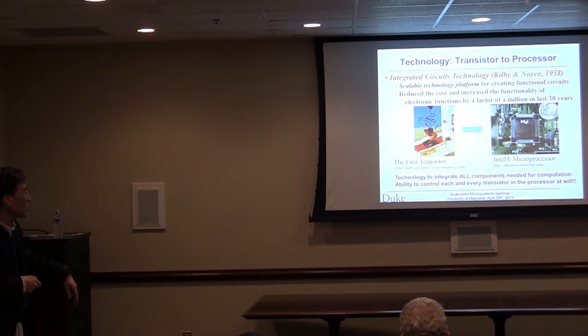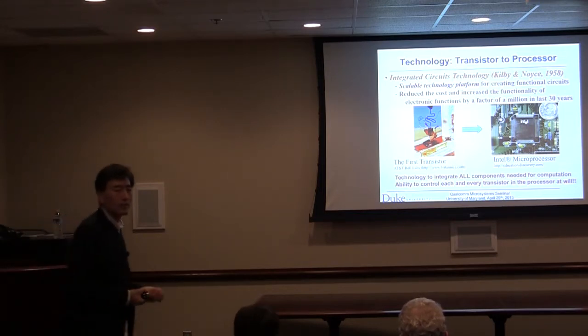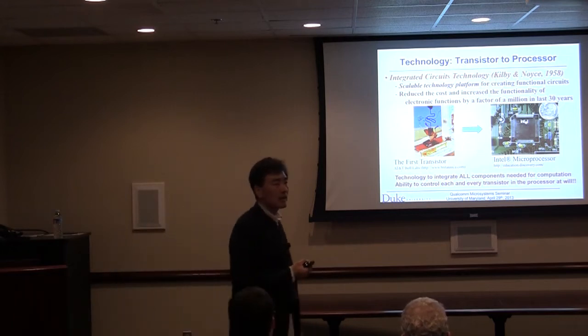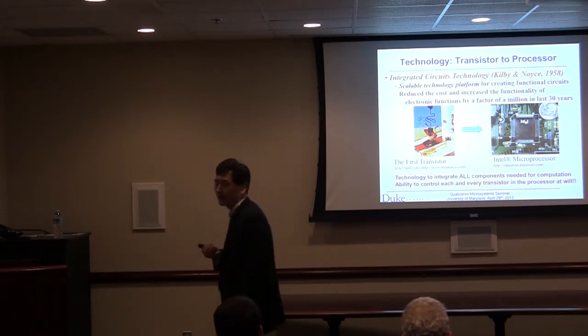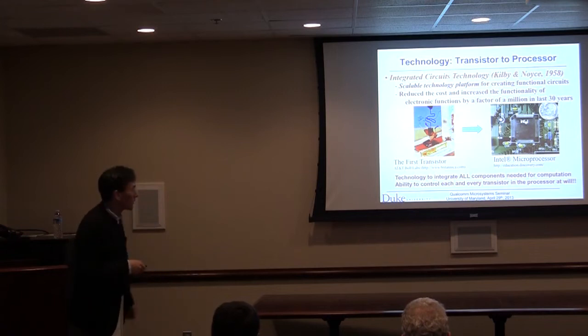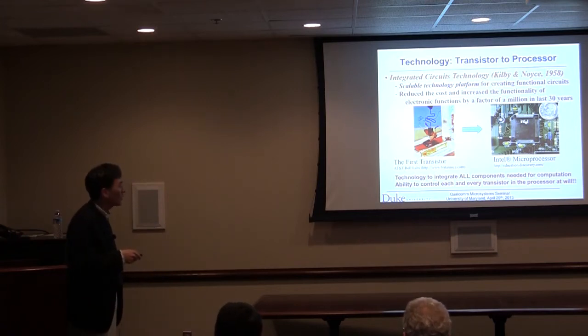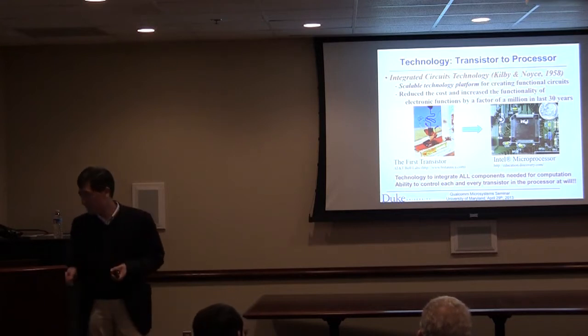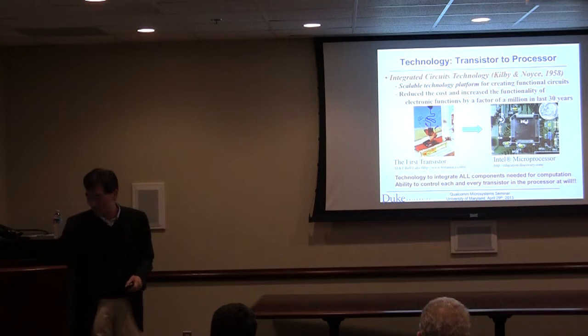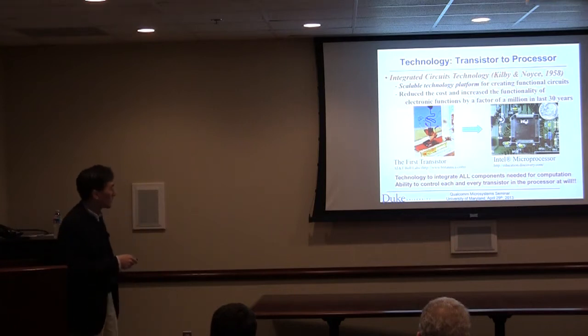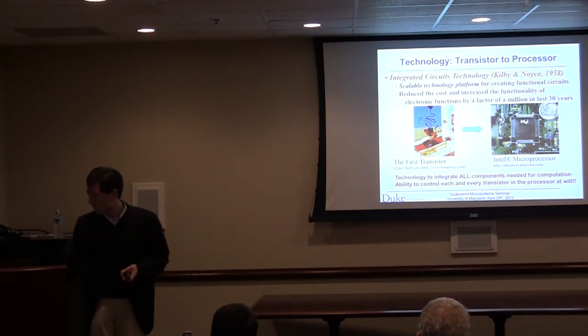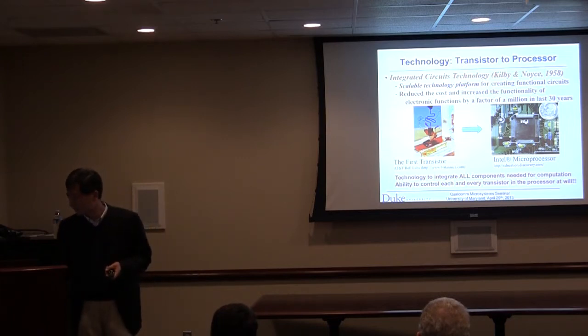We actually design it in a way that after integrating 1 billion transistors, we control each and every one of them and make sure it does what we tell it to do rather than what it wants to do. So this architectural control makes sure that you can control each and every one of them, and the fact that you have to be able to bring all the elements of the system together onto an integrated system is something that we will have to make sure we replicate as we think about quantum versions of IC technology.